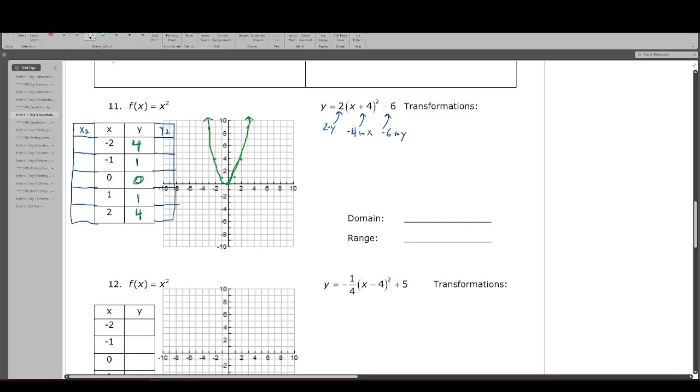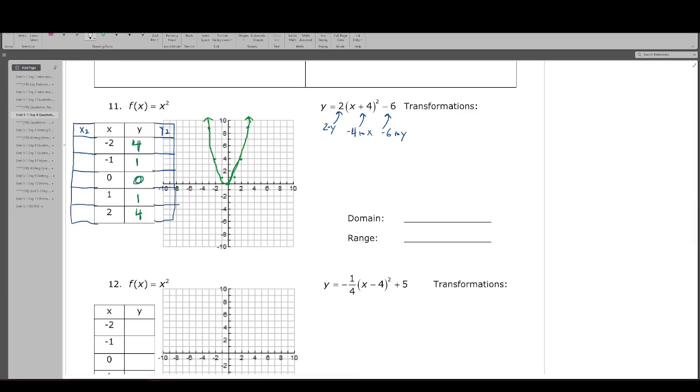Okay, so we're going to look at our new values. So the x's, we're just moving 4 to the left. So these become negative 6, negative 5, negative 4, negative 3, negative 2. And our y values, we have two things. We have to multiply them by 2, and we also have to subtract 6.